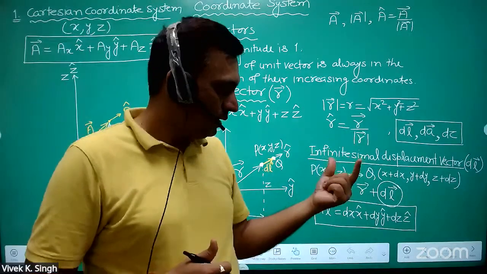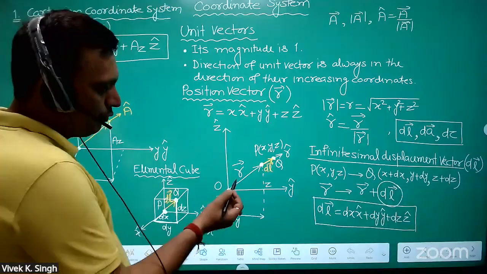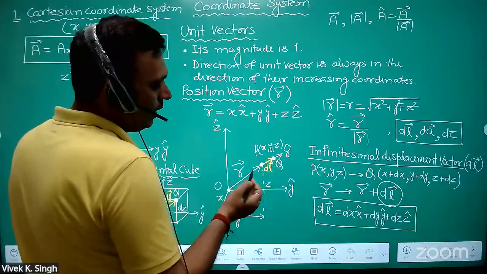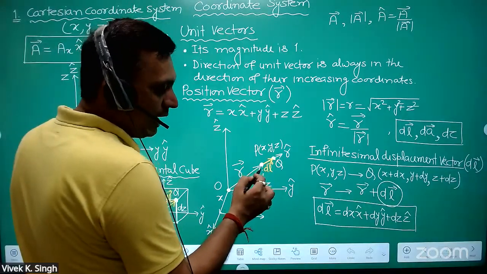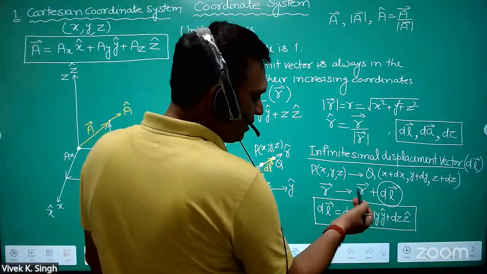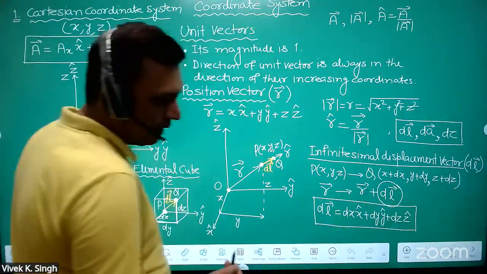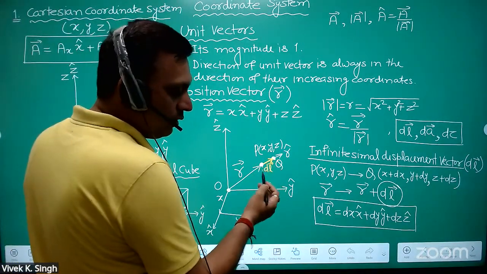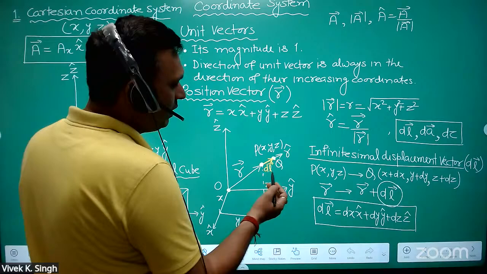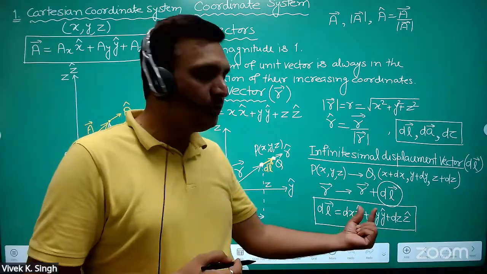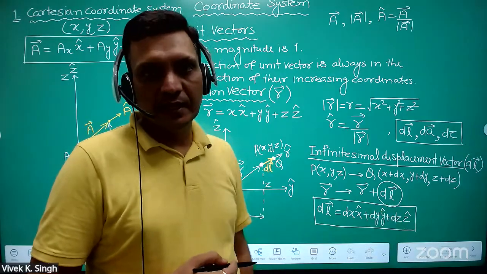If you are at any point P whose coordinates are x, y, z, and you change x, y, z by elemental changes dx, dy, dz, you will move to point Q. Then the position vector changes from r to r plus dl. This is the infinitesimal displacement vector, and it is expressed as dx x cap, dy y cap, dz z cap. Is it clear?